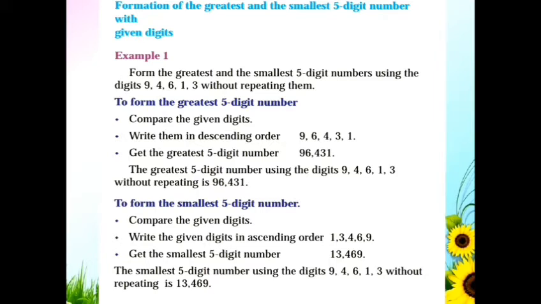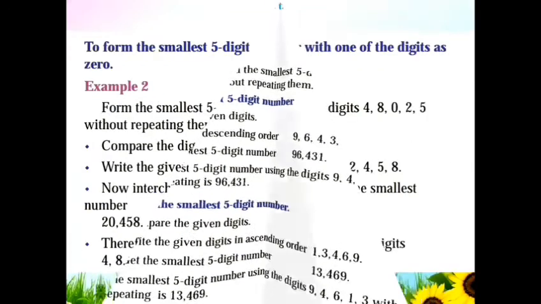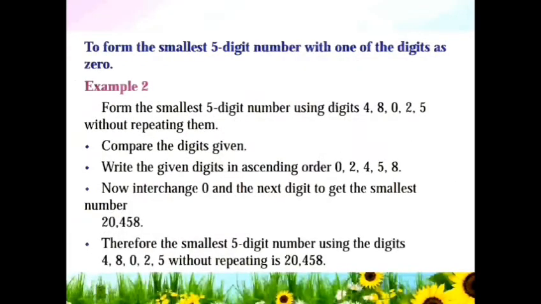The next example, to form the smallest 5-digit number with one of the digits as 0. Example: the digits 4, 8, 0, 2, 5 without repeating them. Compare the digits given, then write the given digits in ascending order: 0, 2, 4, 5, 8.